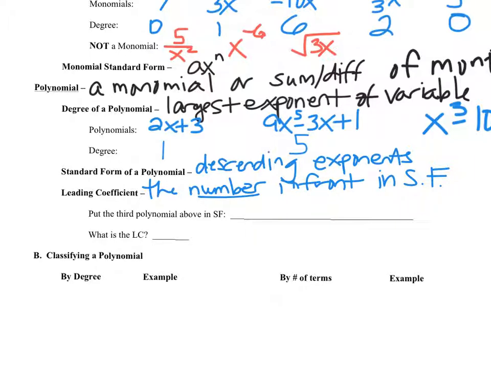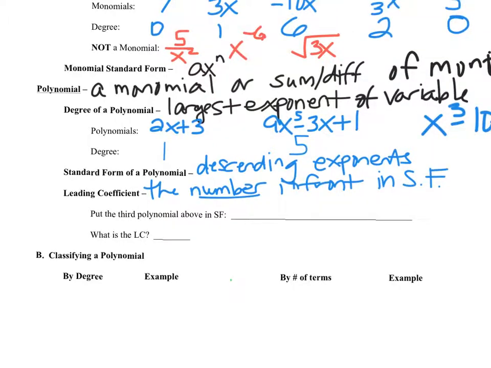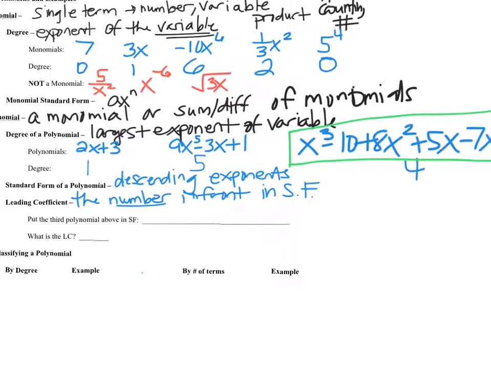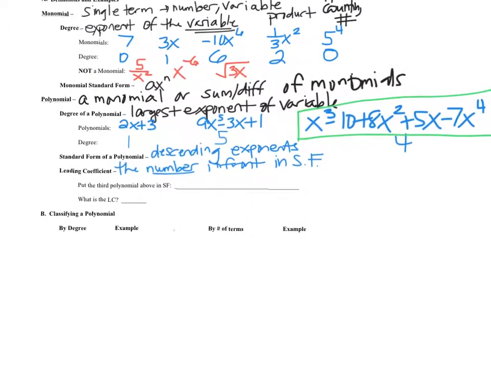Let's look up above here, and we're going to put the third polynomial in standard form. It's this long one that I did right here. We're going to rewrite it so that it's in standard form, because then we can answer the questions better. What's going to go first?